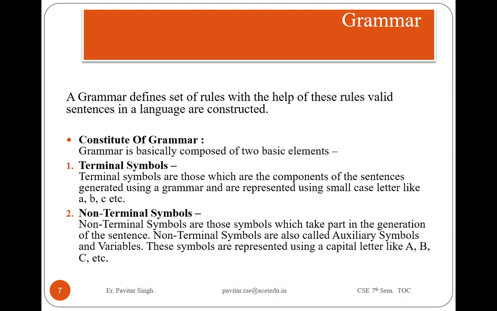So these are represented with the help of capital letters, capital A, capital B, capital C, etc. Although a grammar has a total of 4 tuples, we will be covering all these 4 tuples in chapter number 4 later on, right? So you just need to understand the basic definition of grammar, and the basic definition says that a grammar defines a set of rules. With the help of these rules, valid sentences in a language are constructed.